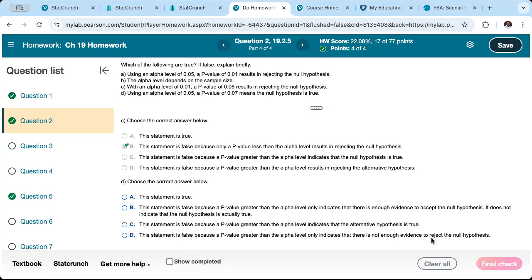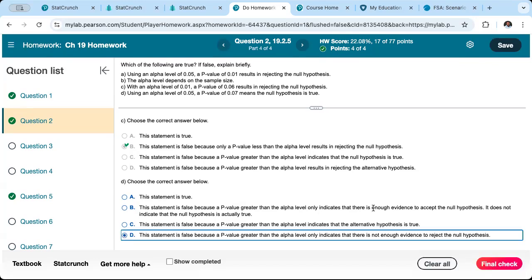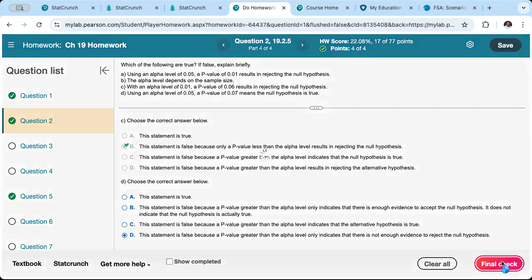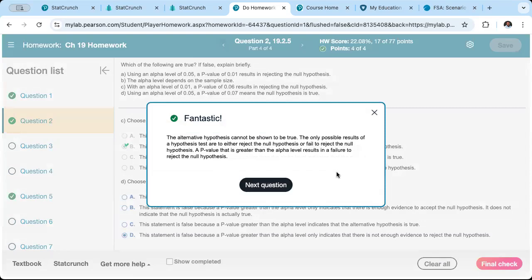So you can see there is not enough evidence. That means we fail to reject, and that is our conclusion. There is no evidence or there is insufficient evidence. So you see, it's very important to read through carefully. B is also similar, but B says that it only indicates there is enough evidence to accept. So that is what you just have to be careful about.